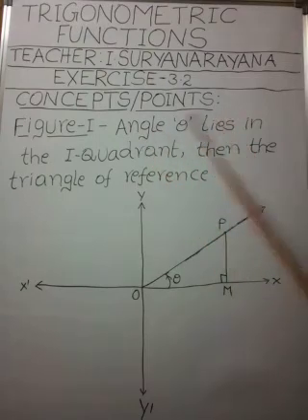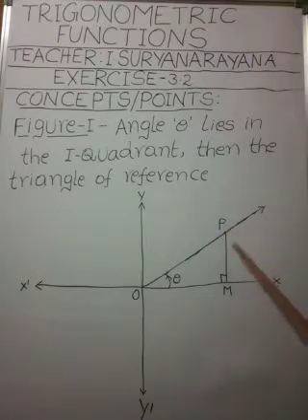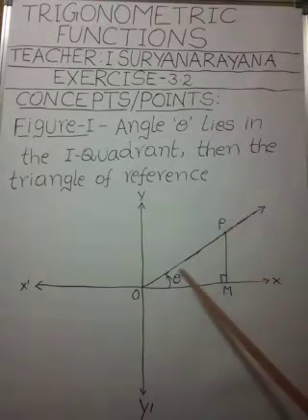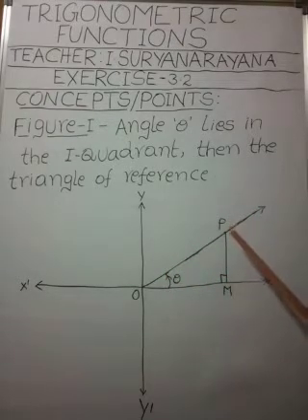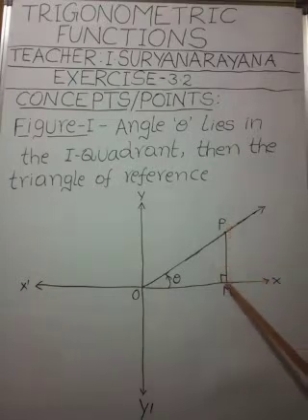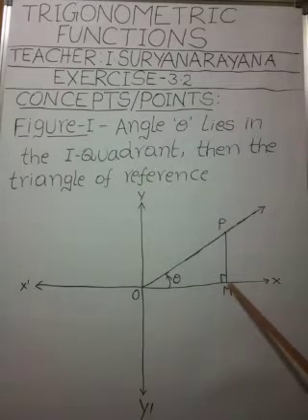And if theta lies in the first quadrant, we draw like this. The terminal side of the angle must be in the first quadrant, like this. After that, we have to choose any point on this terminal side, and from that point we have to draw a perpendicular line to the OX axis.